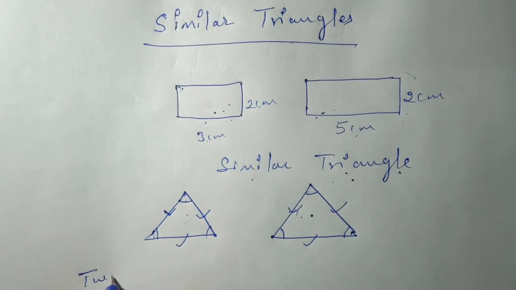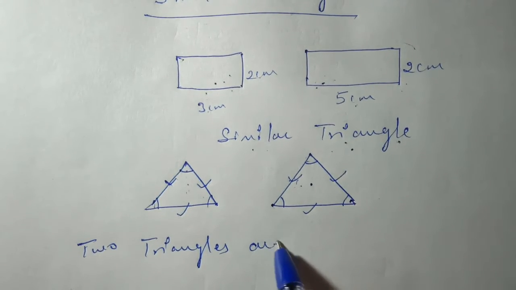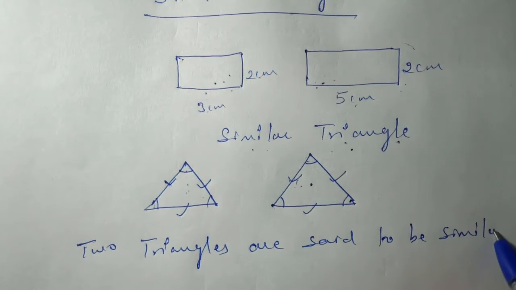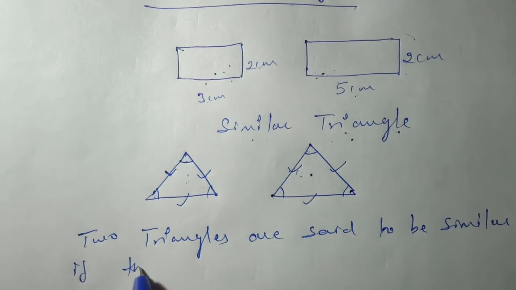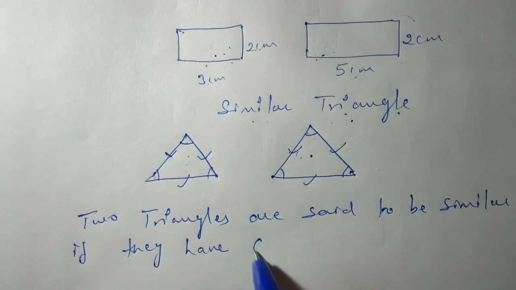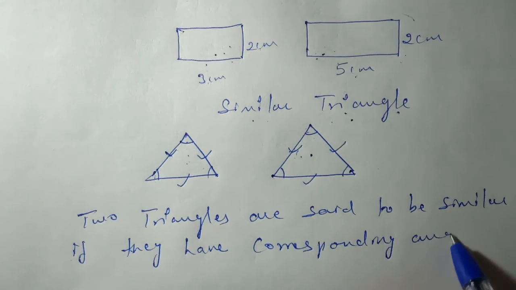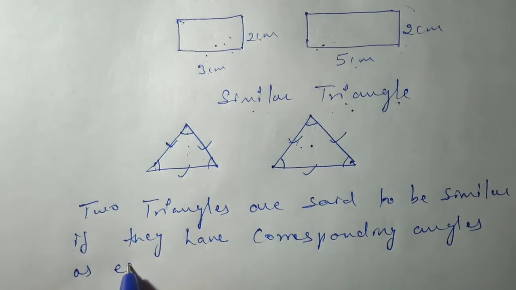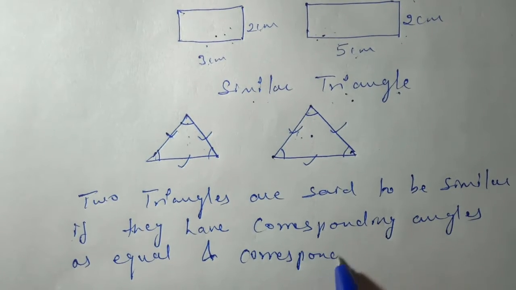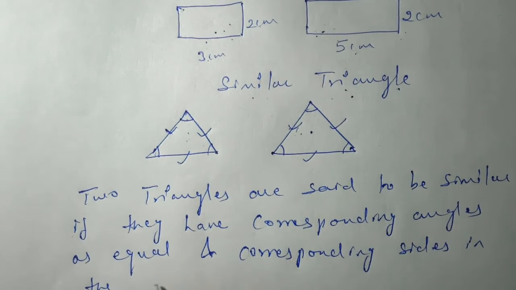So we will say two triangles are said to be similar if they have corresponding angles as equal and corresponding sides in the ratio.